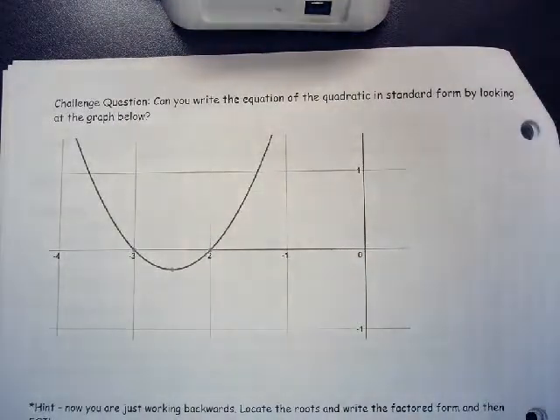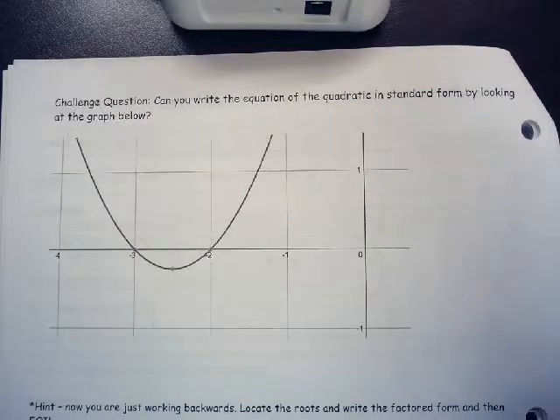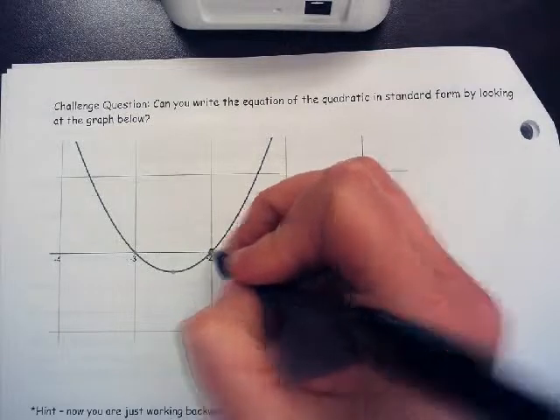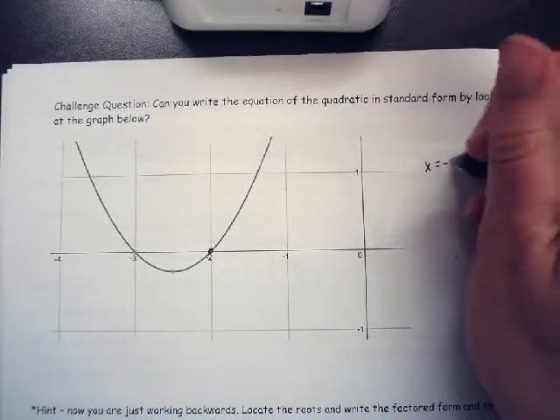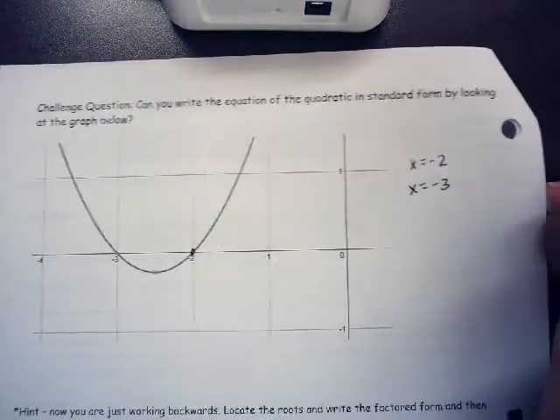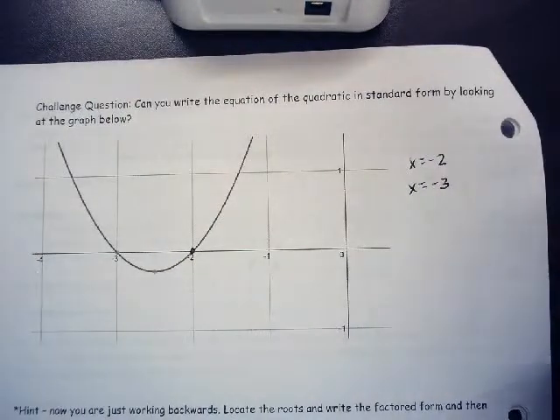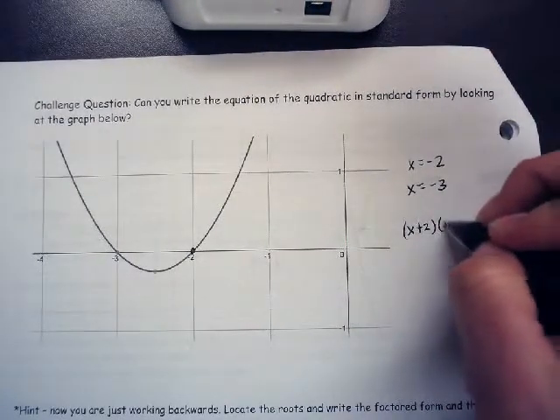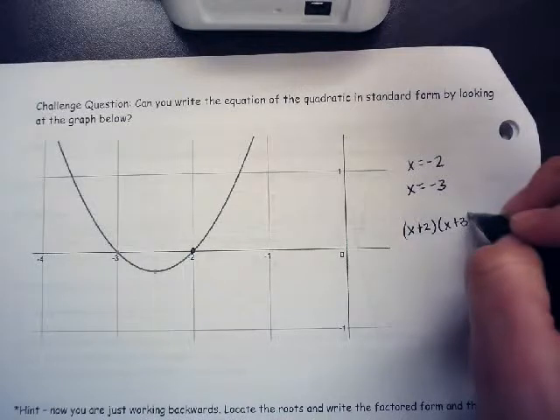Challenge question. Can you write the equation of the quadratic in standard form by looking at the graph below? What do we know about the zeros here? So if x equals negative 2 and x equals negative 3, what would that have to be in factored form? Well, that would have to be x plus 2 times x plus 3.